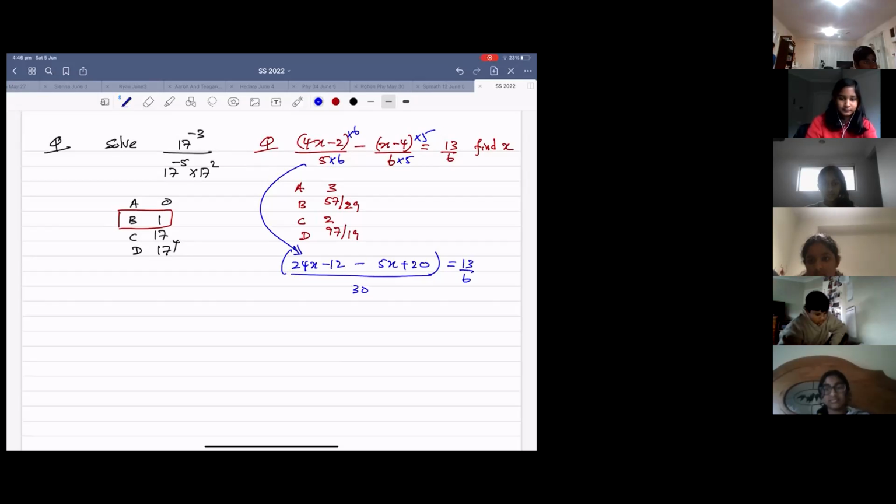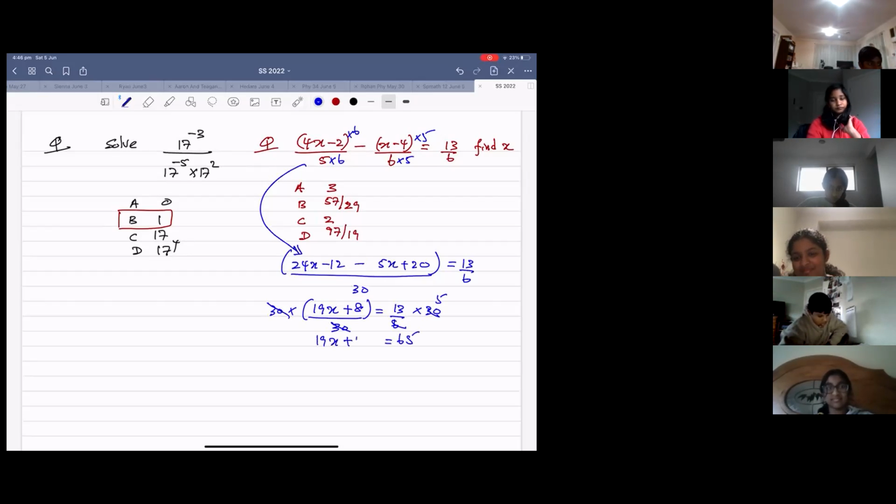Those things should be in the blood now. So when you do that, you get 19x plus 8 divided by 30 equals 13 divided by 6. So now you cross multiply, 30 gone. It's 5 here, so it's going to be 65. So 19x plus 8 is 65. So 19x is going to be 57. So x is going to be 57 divided by 19. The answer is B.